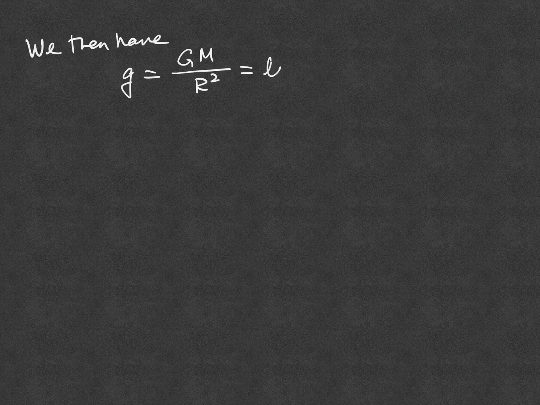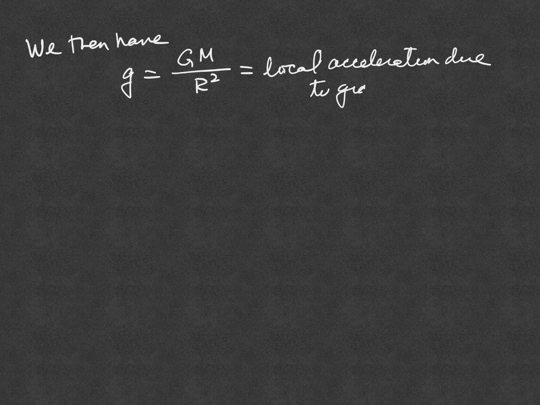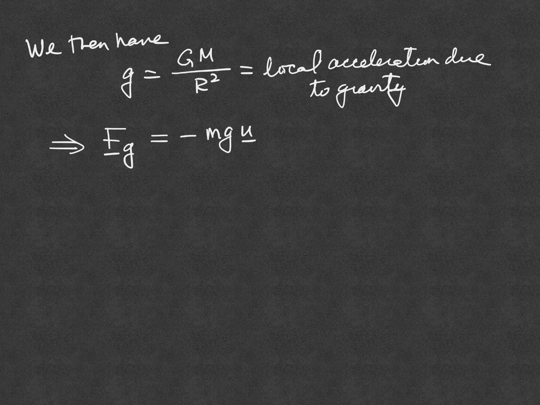And this is what's called the local acceleration due to gravity. And it's an approximation that applies when you have a particle in close proximity to a large body. In this case, it's a sphere. So that winds up giving you the force of gravity is equal to minus m g times u, where recall that u is the local vertical upward.